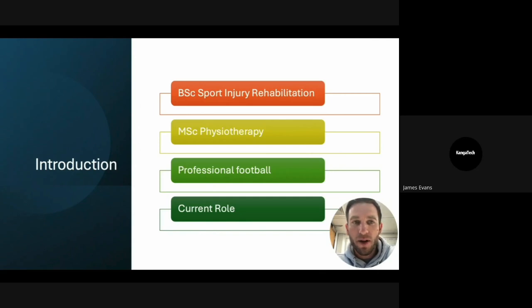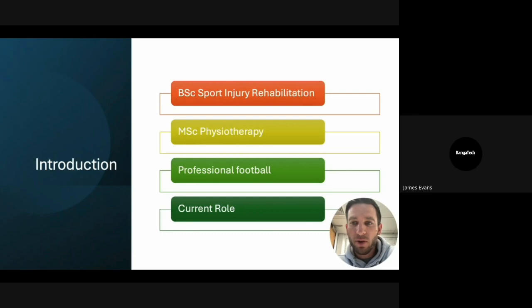My background was in sports injury rehabilitation, and then I completed my MSc in physiotherapy at York St John. And then for the last 10 years I've been working in professional football, moving from the academy up into the first team stage where I am now.